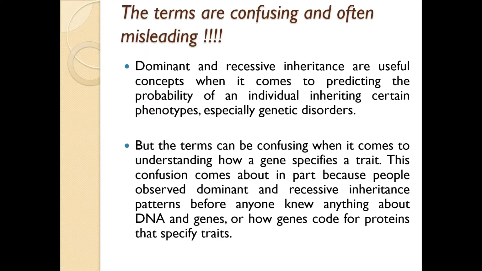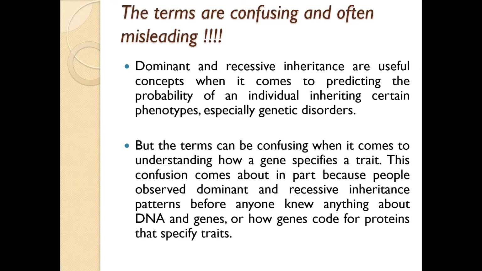Dominant and recessive inheritance are useful concepts when it comes to predicting the probability of an individual inheriting a certain phenotype, especially a genetic disorder. But the terms can be confusing when it comes to understanding how a gene specifies a trait. That is a very important part.